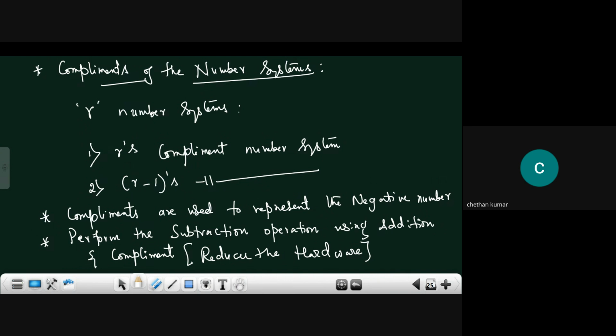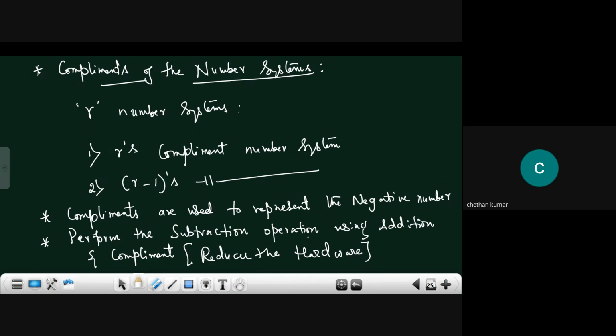So you are reducing the switching activities, the number of switches, which means reducing the transistors. So now we understand it is reducing the hardware. Hardware means the gates. You can perform subtraction using addition plus complements. This is the second use. So these are the uses of complements.